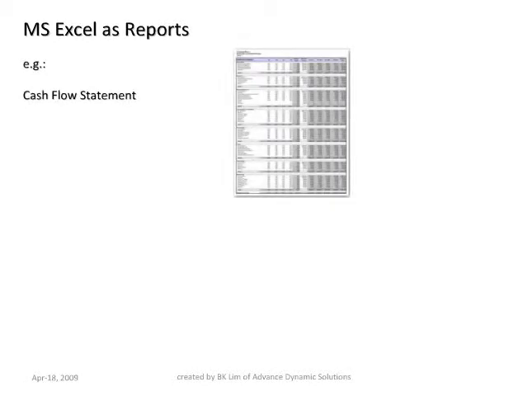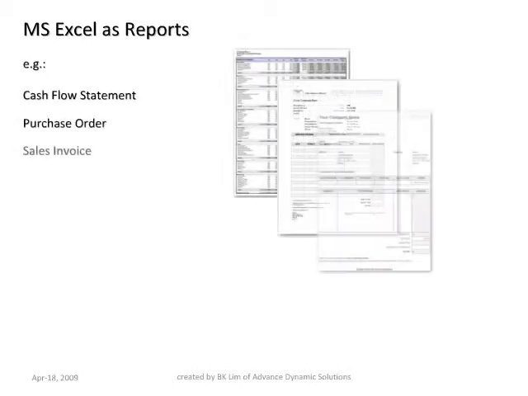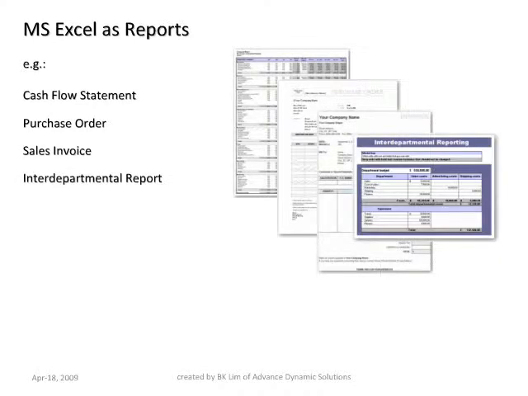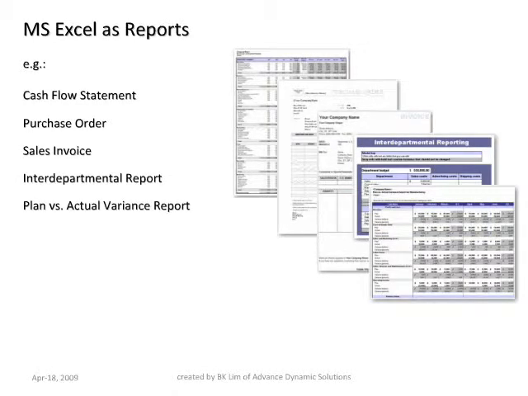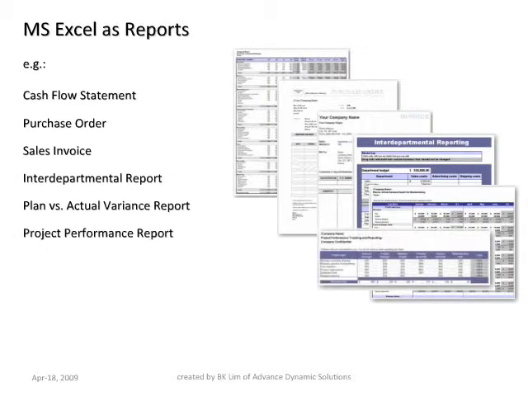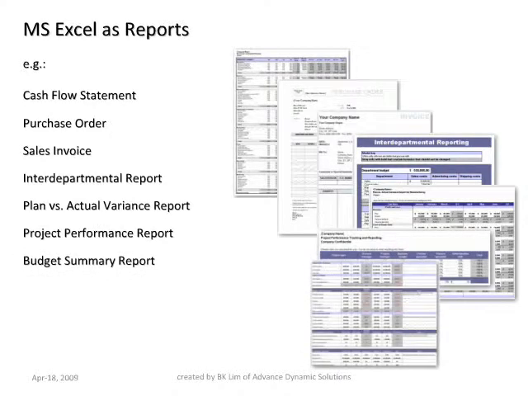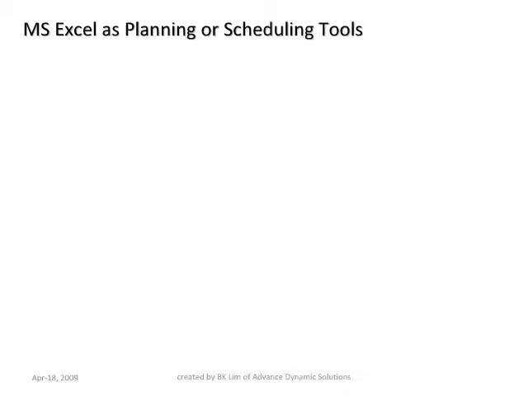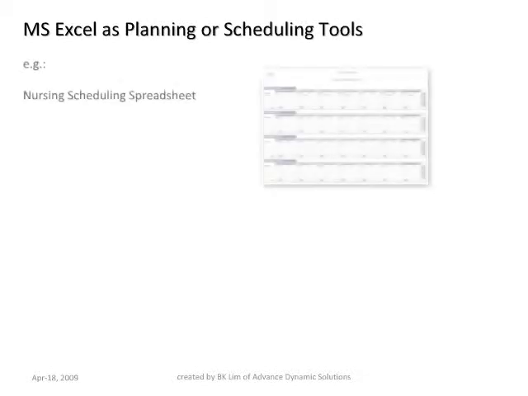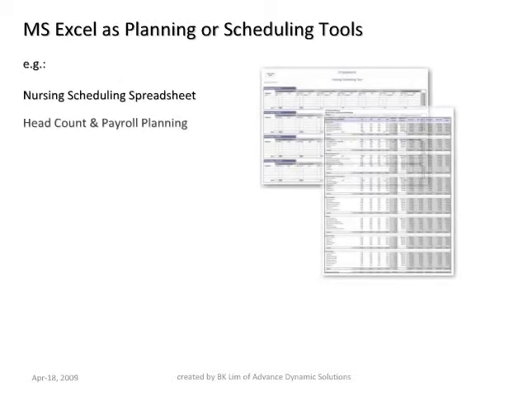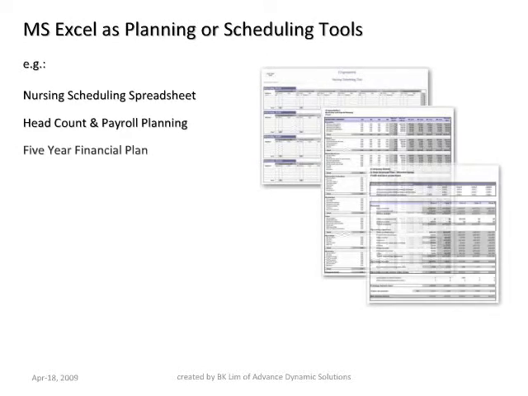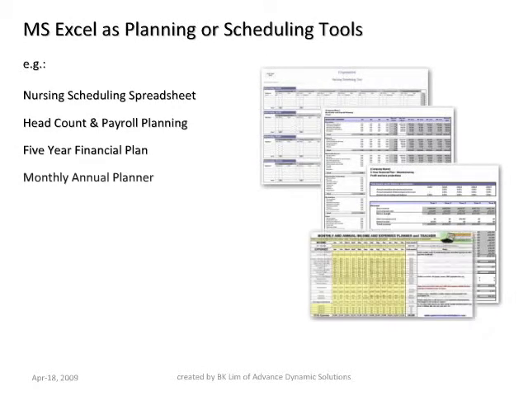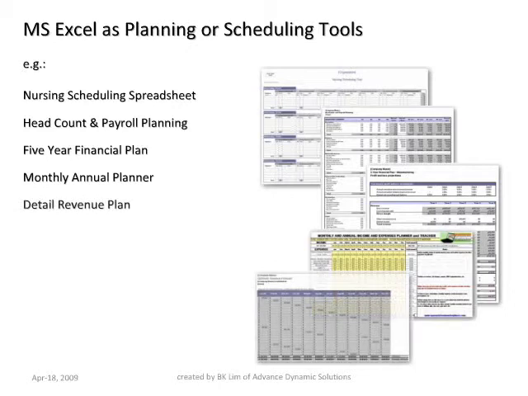We may also use Excel as reports like cash flow statement, purchase order, sales invoice, interdepartmental report, plan versus actual variance report, project performance report, budget summary report, and quarterly sales report. Excel is also commonly used as planning and scheduling tools like nursing scheduling spreadsheet, headcount and payroll planning, 5-year financial plan, monthly annual planner, detailed revenue plan.